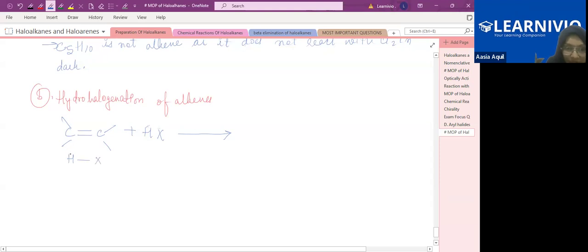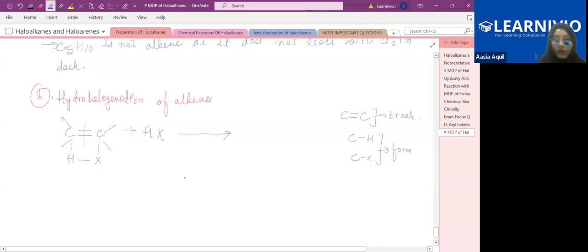The hydrogen makes a bond with one carbon and the halogen with the other, and the carbon-carbon pi bond is broken. The new bonds formed are CH and CX.